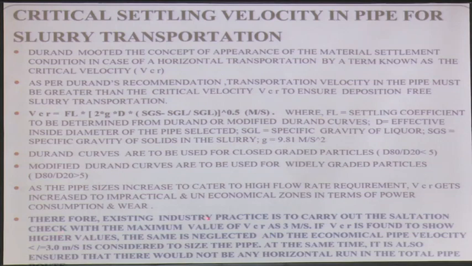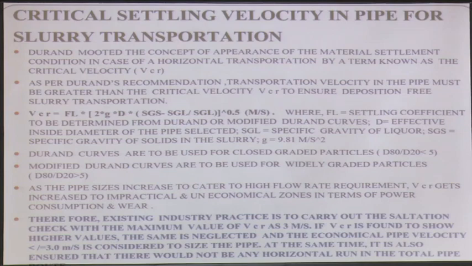Therefore, existing industry practice is to carry out the saltation check with the maximum value of VCR as 3 meter per second. First step, carry out a test. Use that value, calculate the pipe size, go to the next lower one to ensure that pipe velocity is even more, and put it in the Durant formula, check the critical velocity.